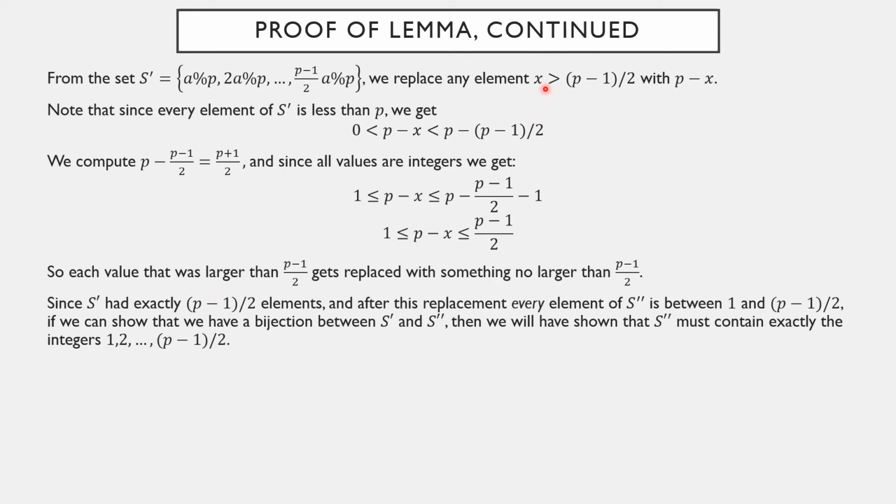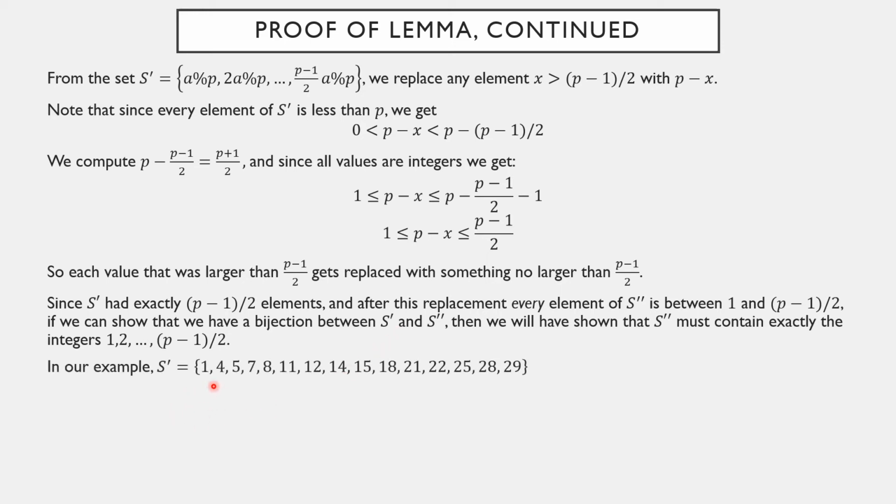One of my previous large values may now overlap with what used to be a small remainder and already existed in the set. If we can show that doesn't happen, in other words, this is a bijection, then there are this many elements, there are this many possible values, so it must contain exactly those possible values. So really what we have to show is that when I take the big remainders and replace them with p minus them, I don't overlap with a small remainder I already had.